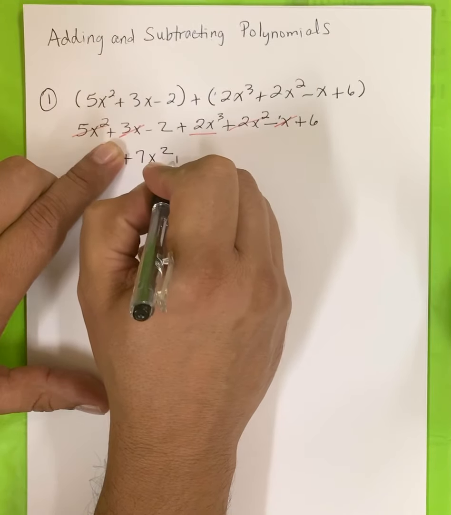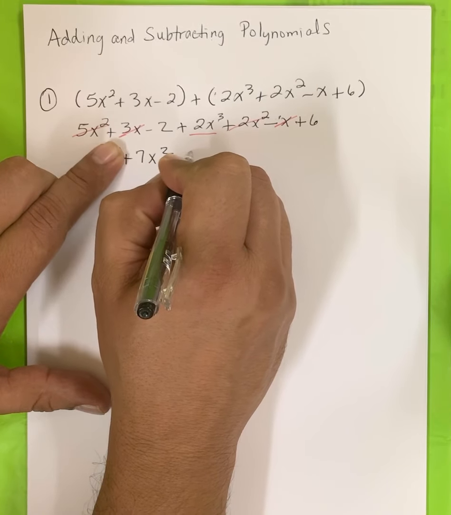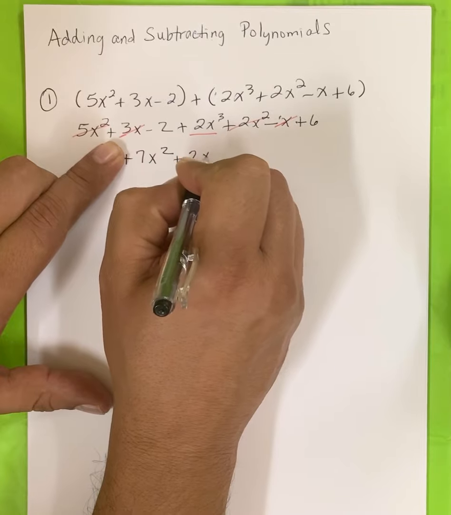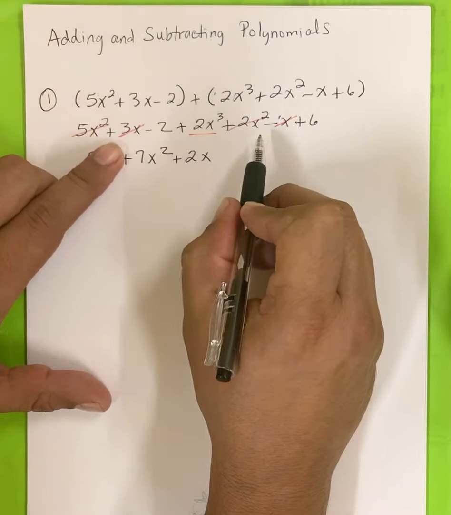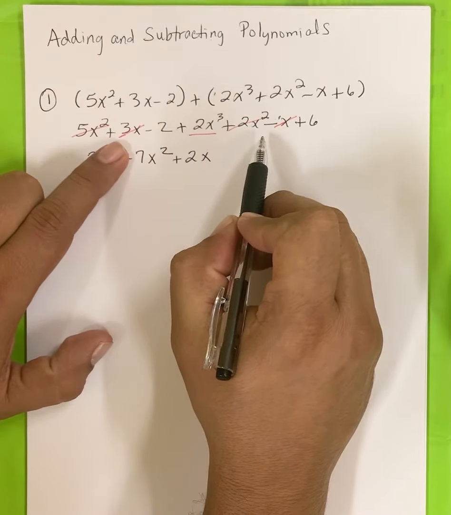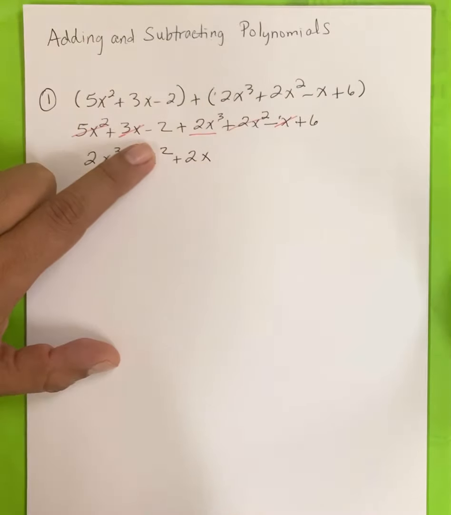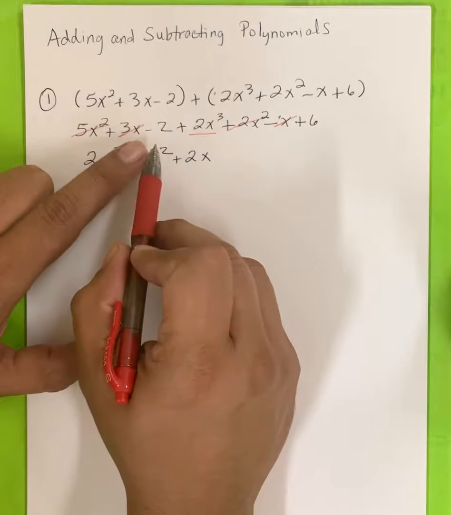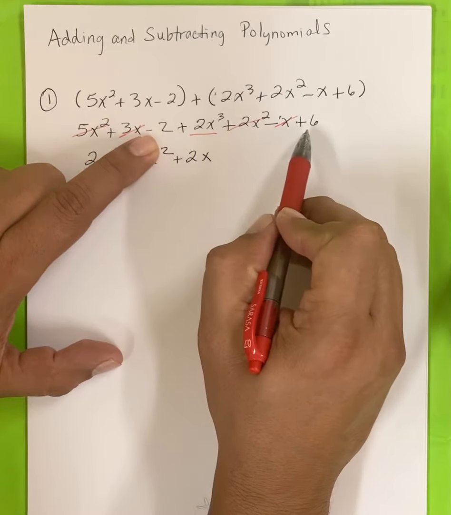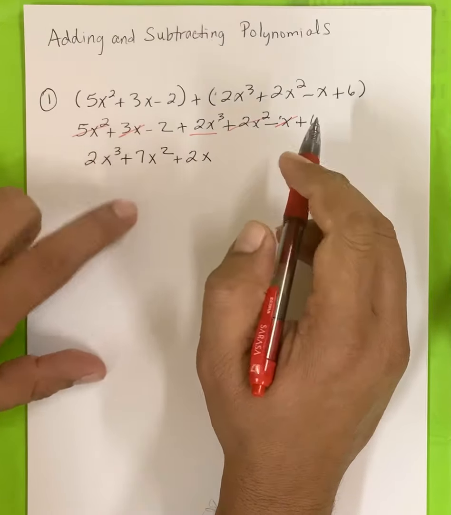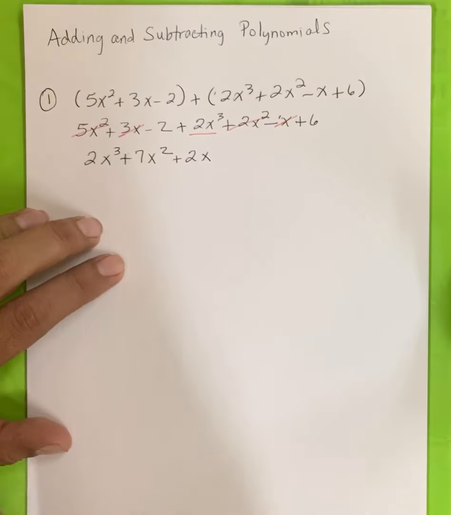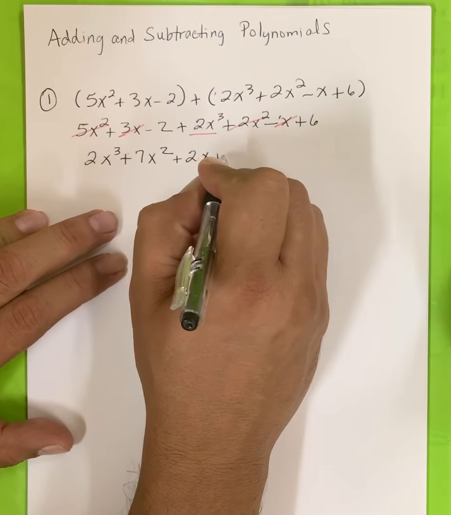Plus 2x. Why is it plus and not negative? Because we keep the sign of the largest number. Now we look for numbers that are alike. Negative 2 plus 6 gives us what? Exactly, very good, plus 4.